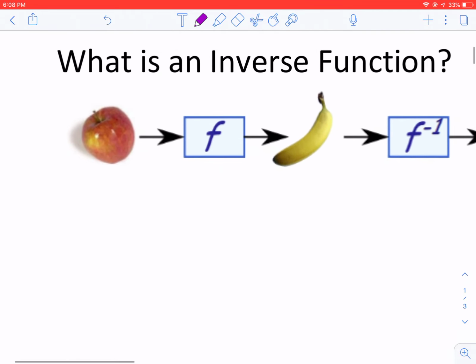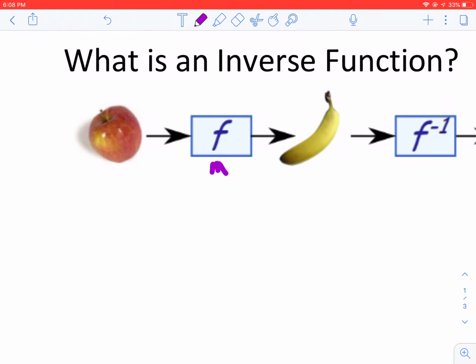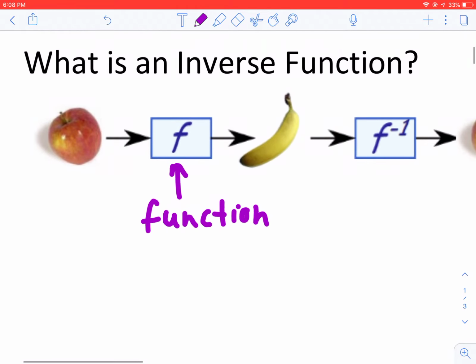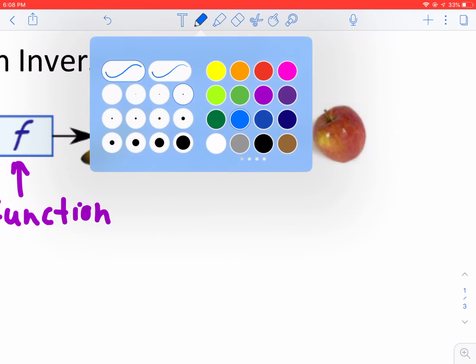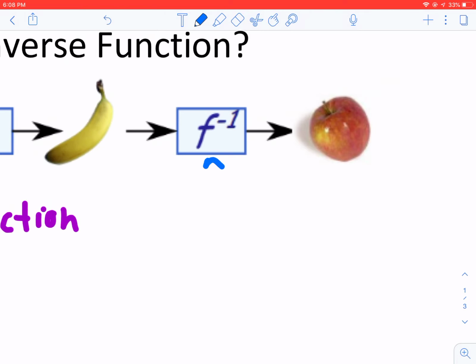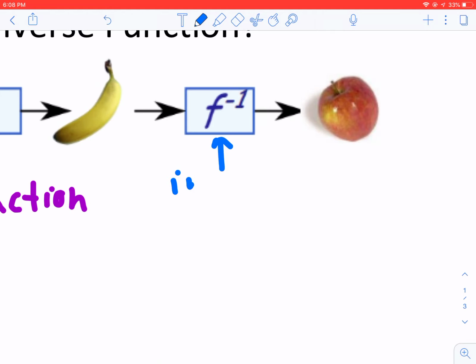Alright, so if we have some function, f, and this function f takes an apple and transforms it or turns it into a banana. If we now take this banana and we put it into this thing, f, which looks like to the power of -1, that is not to the negative first power.